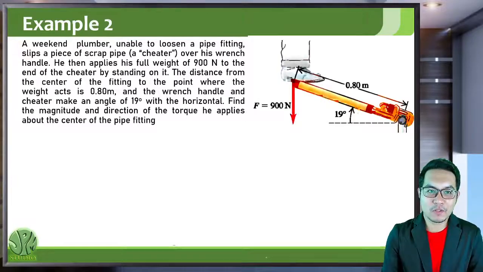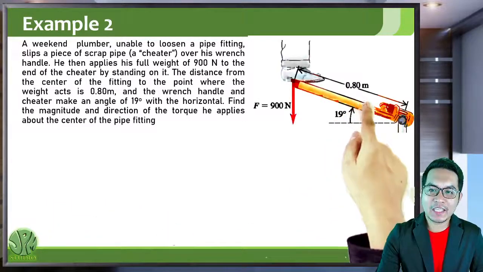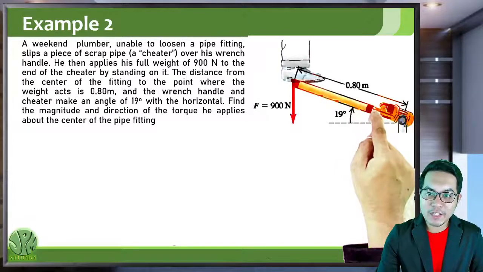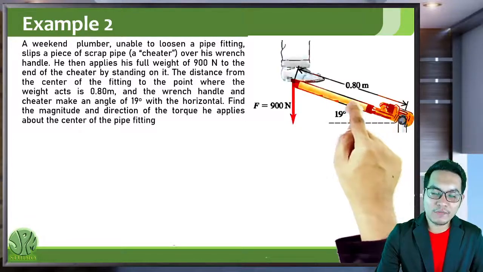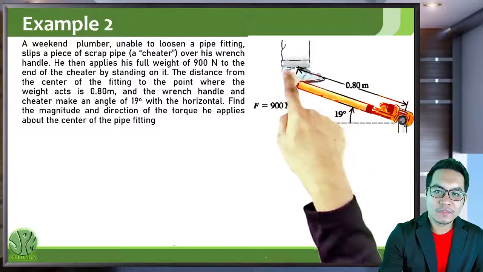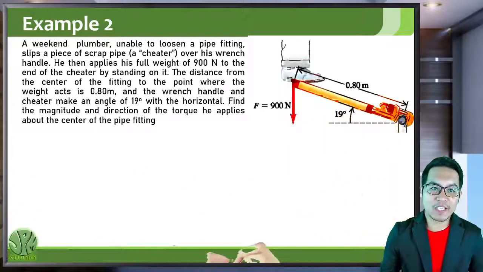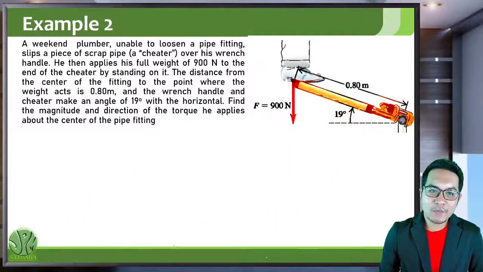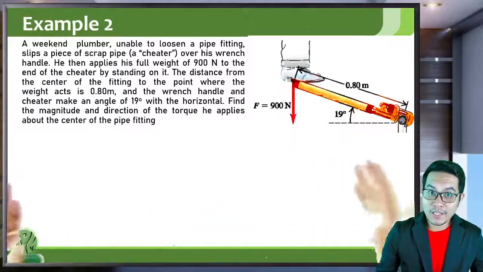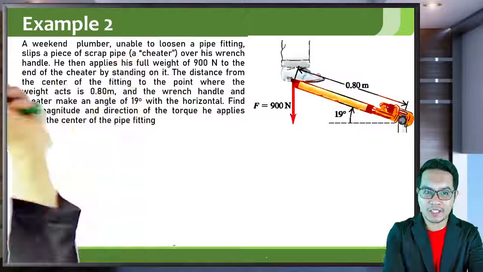They use a hollow pipe and insert the end of the wrench into the pipe so that the length of the arm of the wrench is extended. So basically it's an extender, and the purpose of that is to increase the radial distance R. So it's called a cheater.